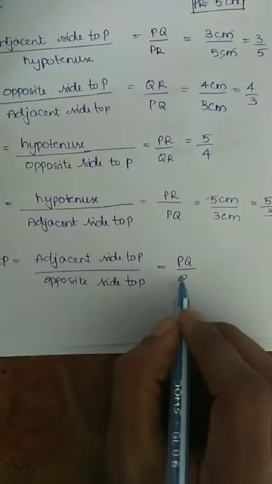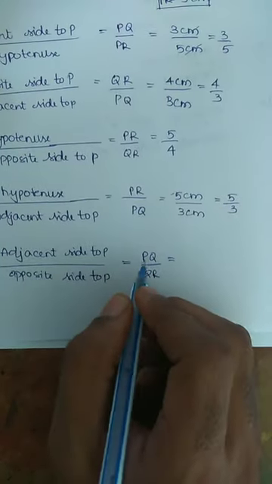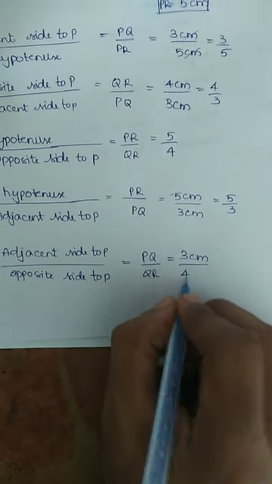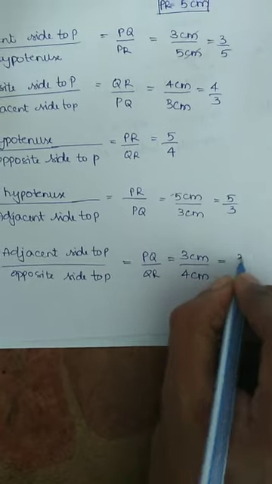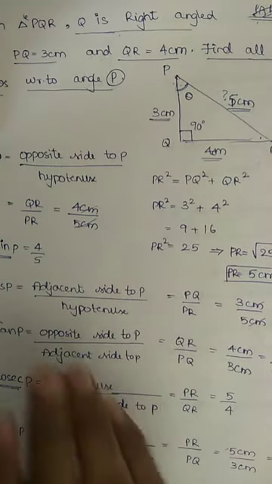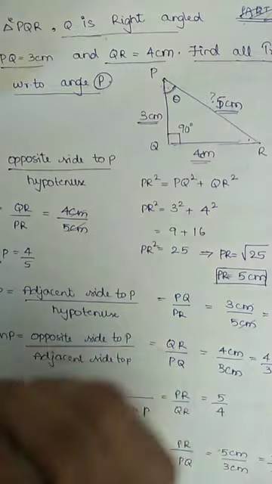PQ is 3 centimeters and QR is 4 centimeters. So this is equal to 3 by 4. So this is how we must find all the trigonometric ratios for the given triangle.